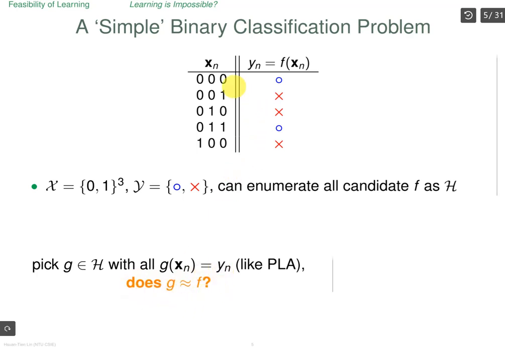Does it mean that if you learn from the given examples and make sure that the selected perceptron, or any kind of g function, agrees with the labels or true answers, we have a function that makes no mistakes on this dataset and approximates our target function?